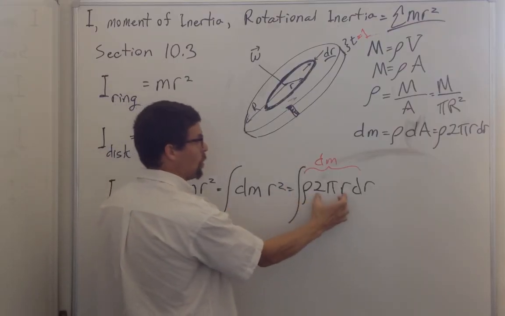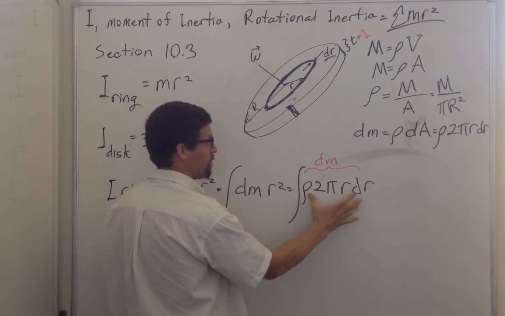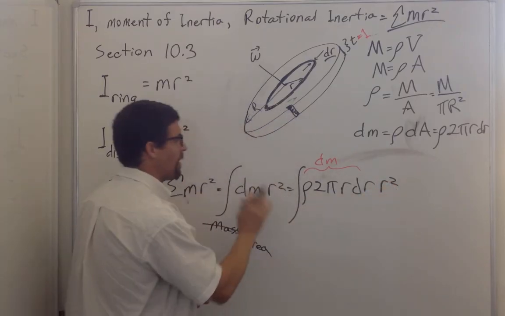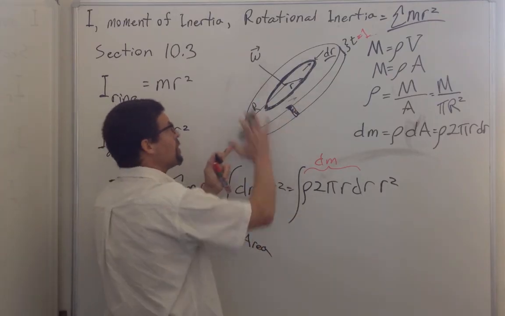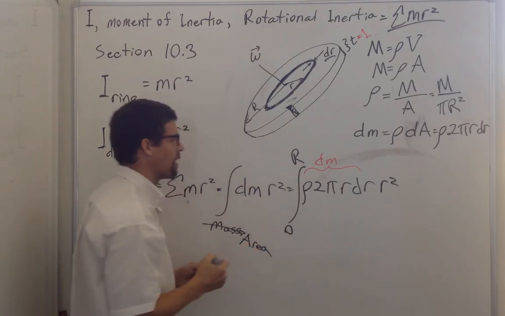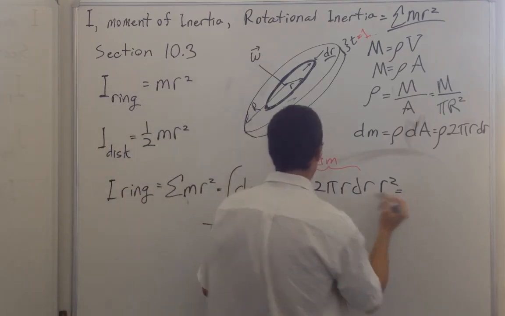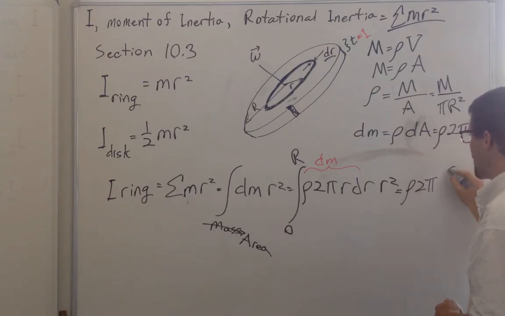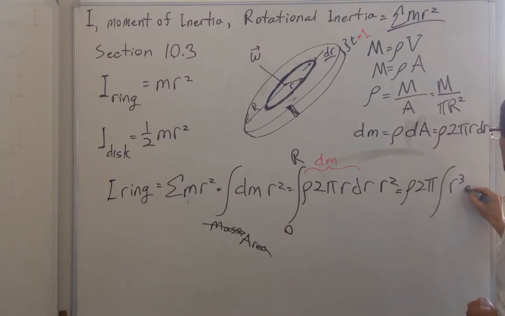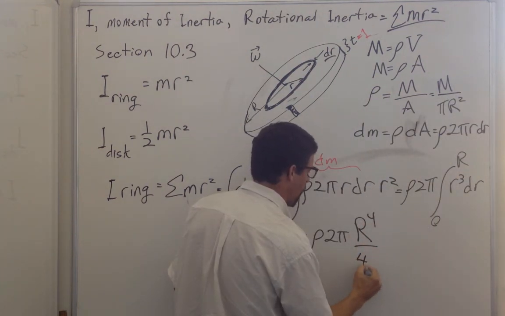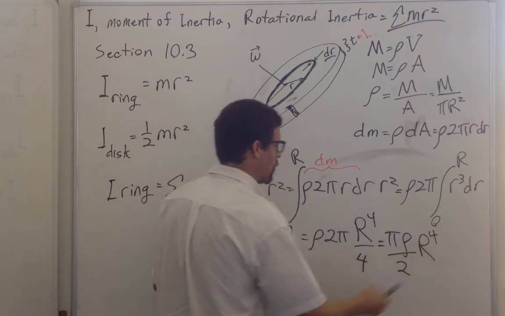Now I can substitute this all in. dm is just rho times the length times the thickness times r squared. And now I have to integrate this all the way over the whole disk, but that's just going to be from 0 to capital R. We pull out all the constants, rho and 2 pi, and we have r cubed dr from 0 to R. Well, that's just r to the 4th divided by 4, or pi rho over 2 R to the 4th.